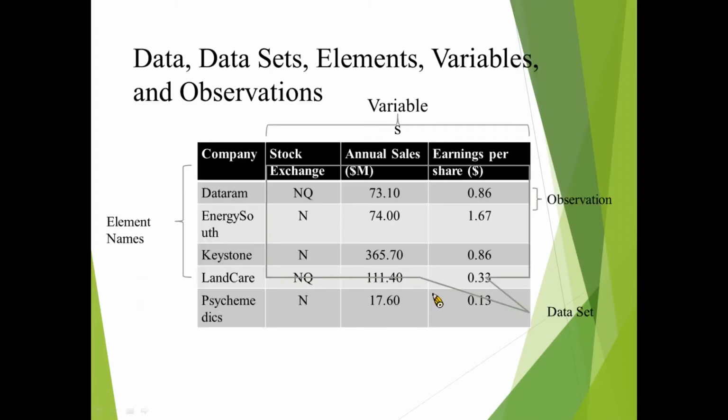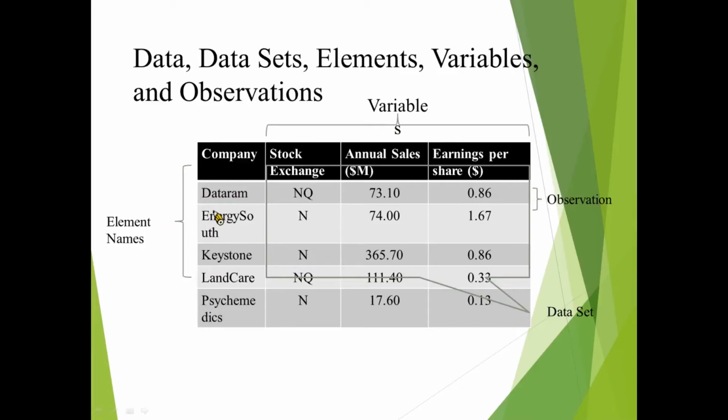Okay, this is the data. You can see the table. The first one, this is the variable. You can see the variables: company, stock exchange, annual sales, earnings per share. And this is the respondent.